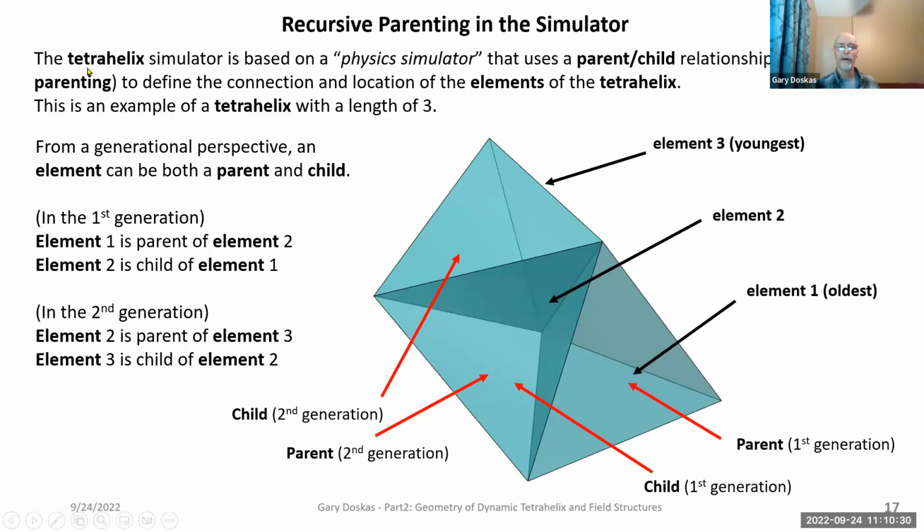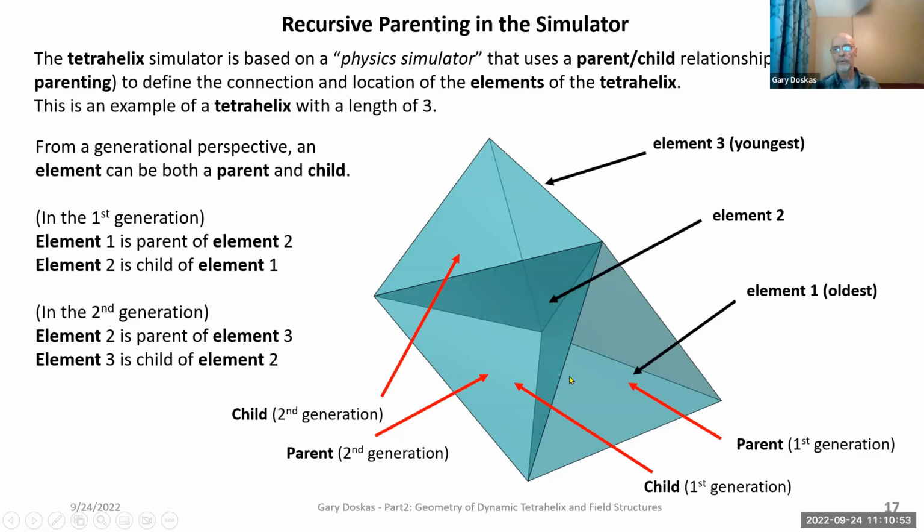So this is just a little bit on the simulator. It uses a physics simulator that uses a parent-child relationship, or recursive parenting, to define the connection and location of the elements in a tetrahelix. An example we have here is a tetrahelix with a length of 3, elements 1, 2, and 3.